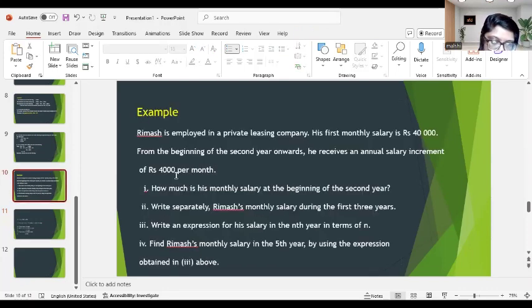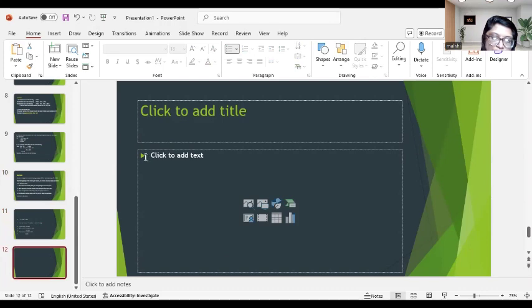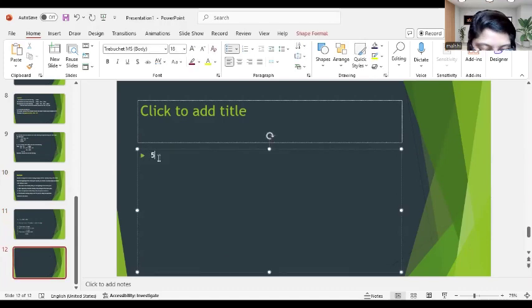Moving on to the next question, find Rima's monthly salary in the fifth year by using the expression obtained in the third question above, right? How can you find the fifth salary? Using the general term. Fifth salary means T5, no?